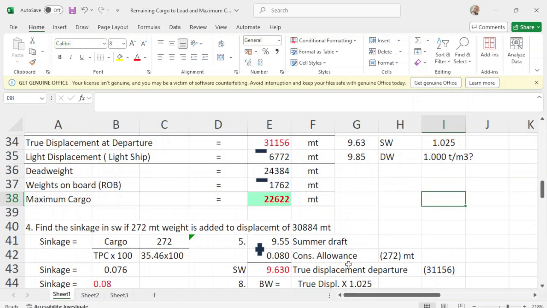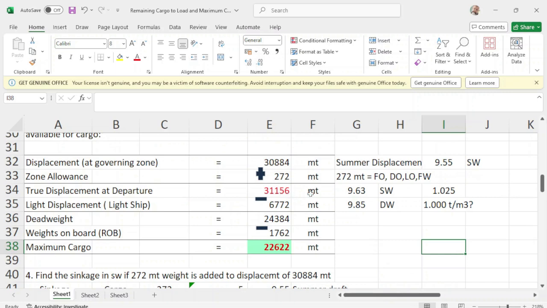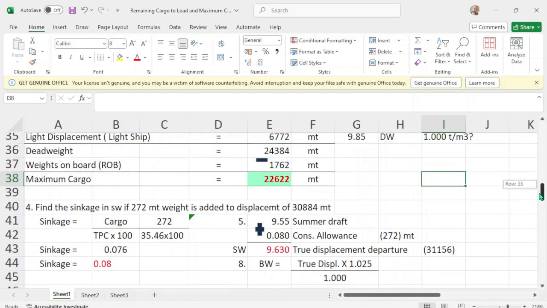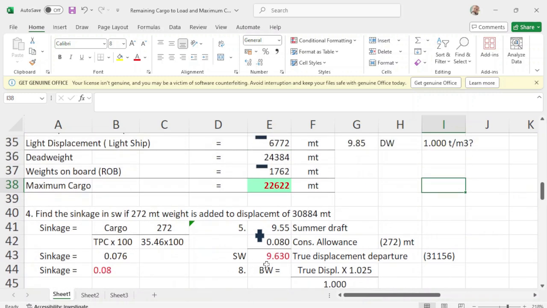I just showed you how I got this figure of 9.63, through the displacement of 11156.